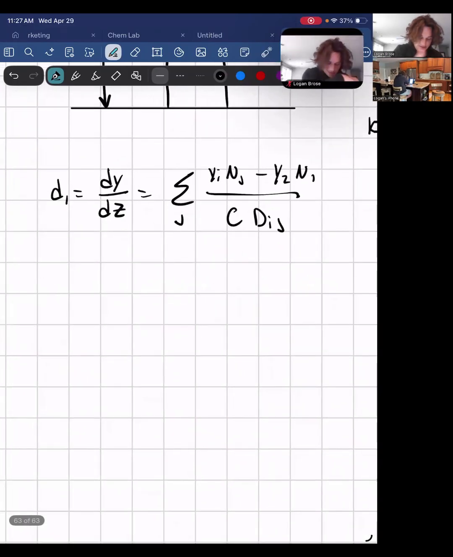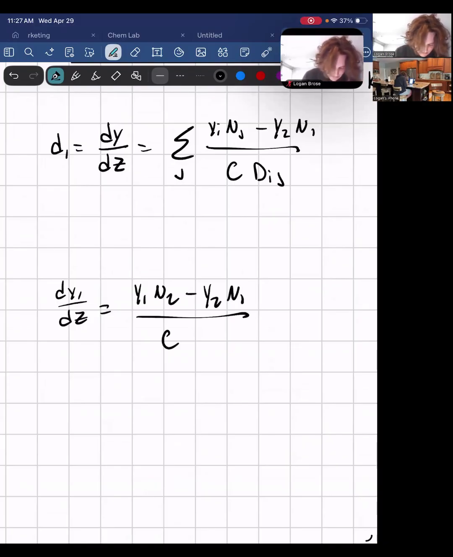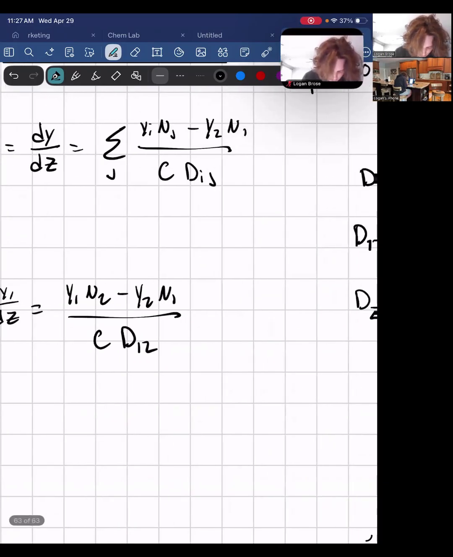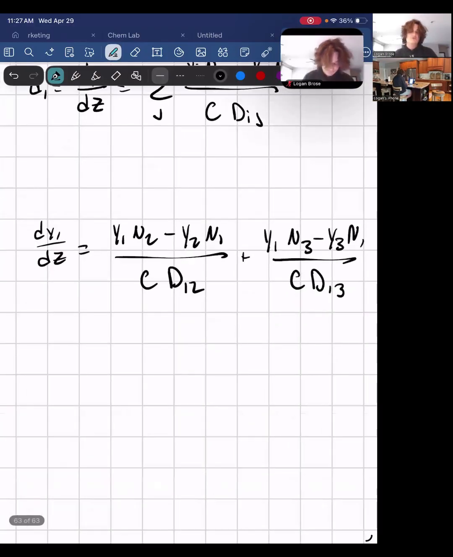So if we're looking at ethanol, we have our dy1 over dz equals (y1 N2 minus y2 N1) over C D12, plus (y1 N3 minus y3 N1) over C D13, right?